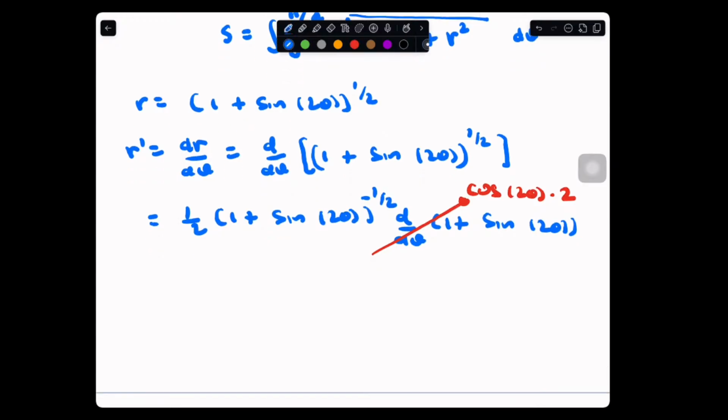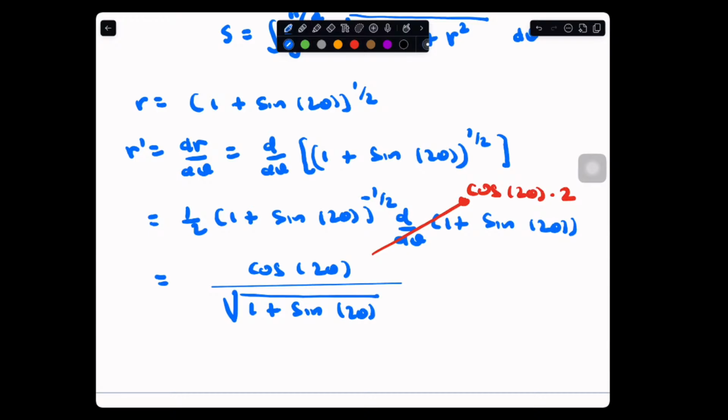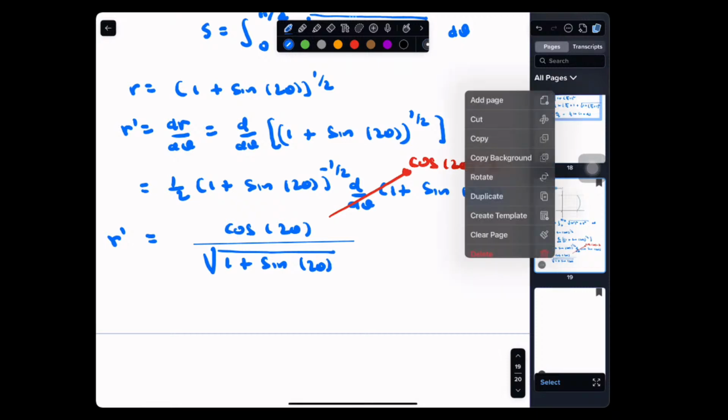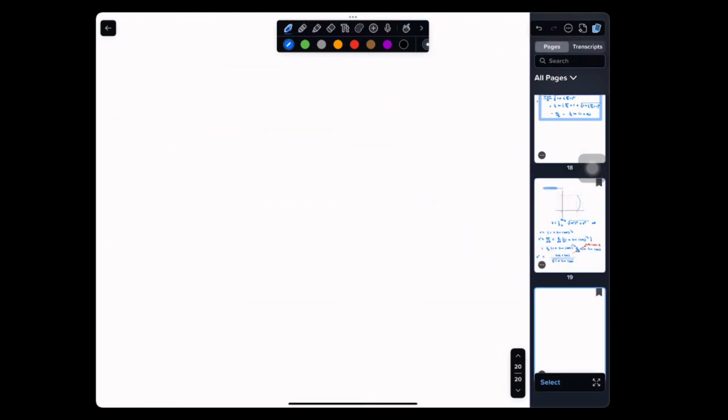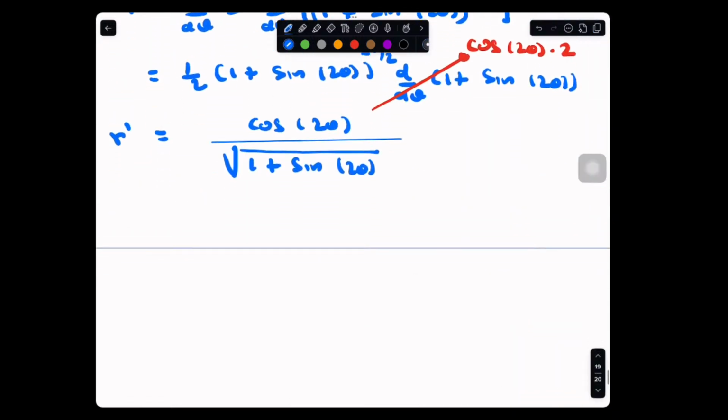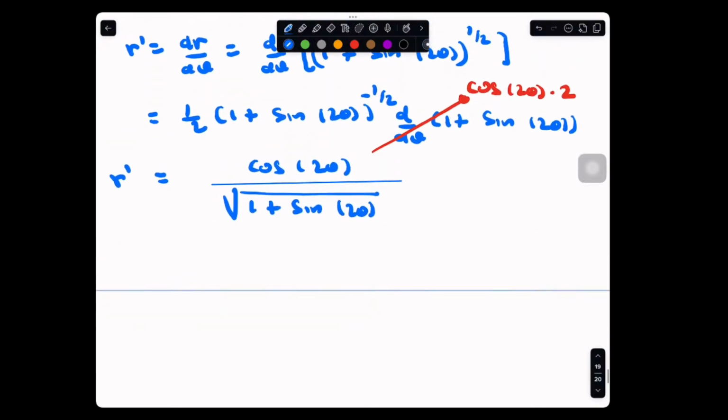So r prime is going to be cosine 2 theta over the square root of 1 plus sine 2 theta. Here's r prime.